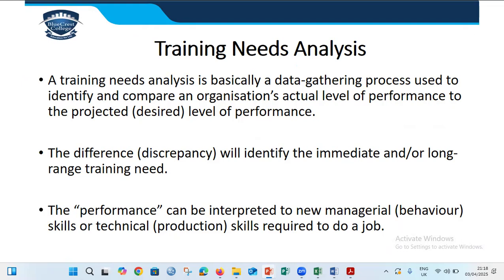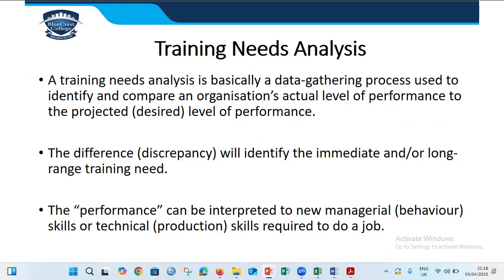So the difference that you have from the present and what is expected will identify the immediate or long range training needs. So whether you have an immediate training need or a future training need depends on the difference that you will have. Okay.